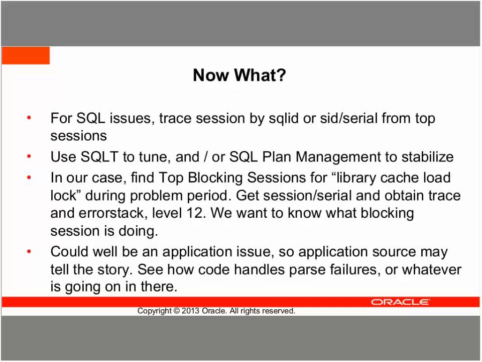For most conventional problems, you would then get the SQL ID and the session, and you would probably want to do a trace. You can use SQLT. It's a magnificent tool. It's really a set of tools created by a former colleague, Carlos Sierra. It allows you to extract test cases. It allows you to get detailed statistics on objects involved in a particular SQL.